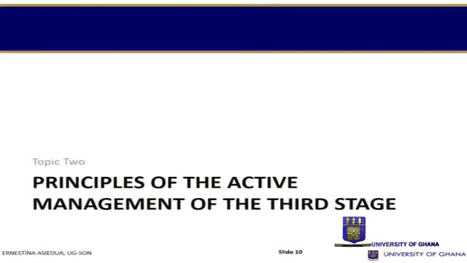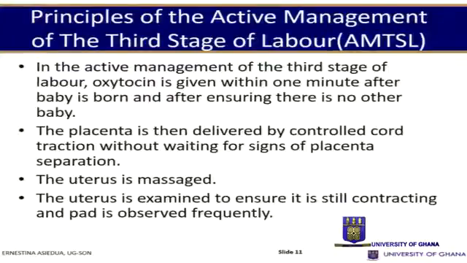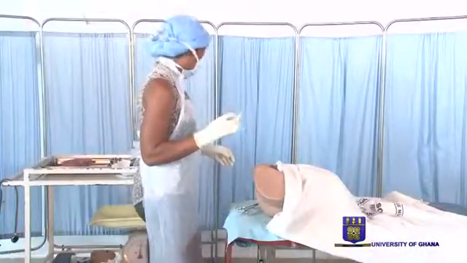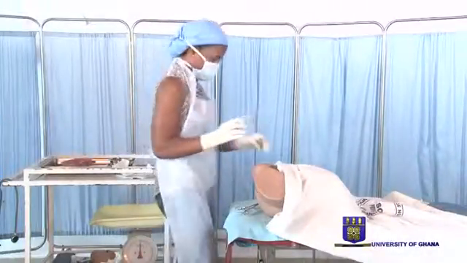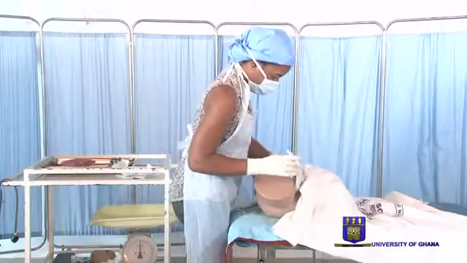We want to look at the principles of the active management of the third stage. In the active management of the third stage, oxytocin is given within 1 minute after baby is born and after ensuring there is no other baby.